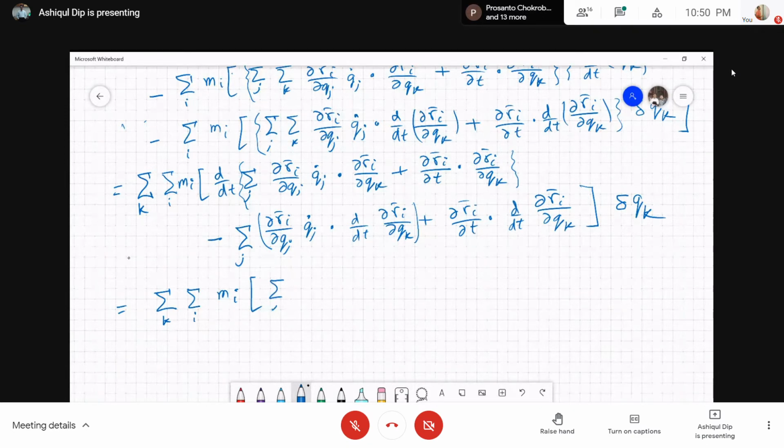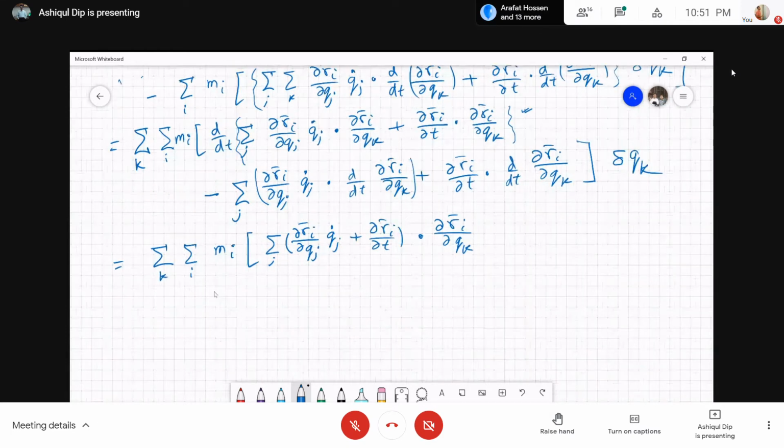Sum over j delta ri by delta qj dot plus delta ri by delta t dot partial derivative now delta ri by delta qk. You can write like that. Okay, for the first term, this one. Yeah. Okay, and for the second term, what do we have?